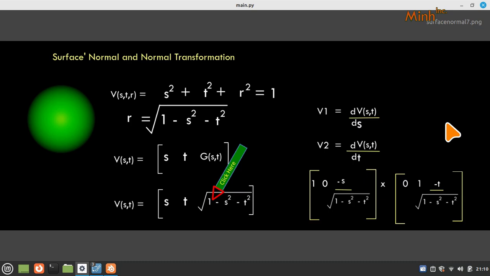Please refer to the differentiation and integration calculus tutorial. And minus (1 minus s square minus t square) to the power minus 1 by 2, because 1 by 2 minus 1 is minus 1 by 2. Then again chain rule, it will be minus 2t, so it will lead to minus t by square root of (1 minus s square). So these are the two vectors we are getting.